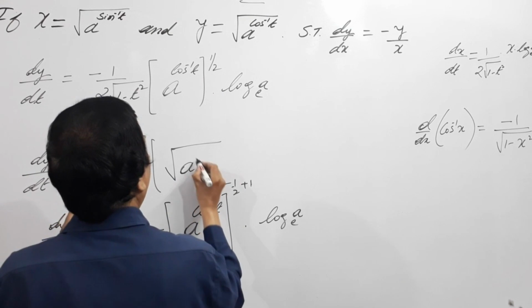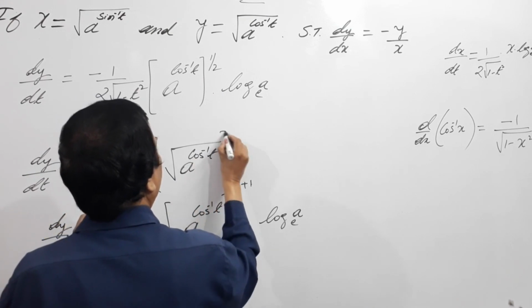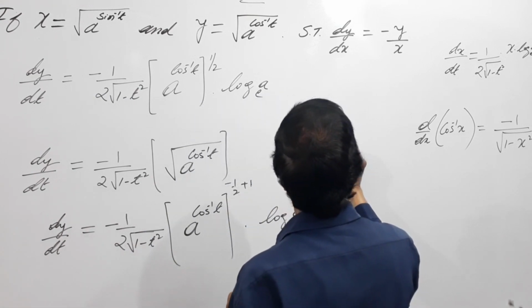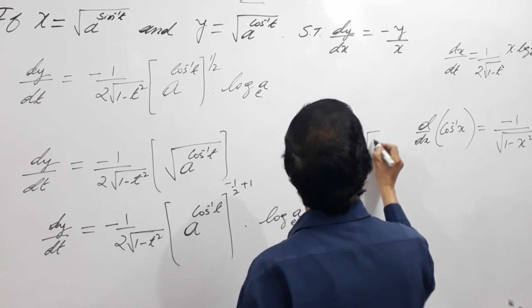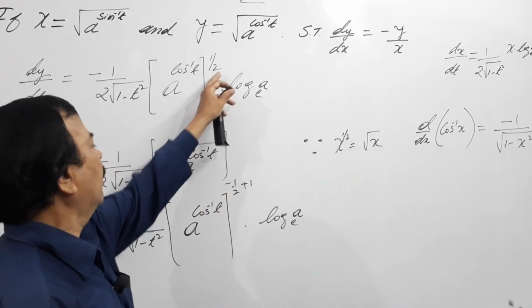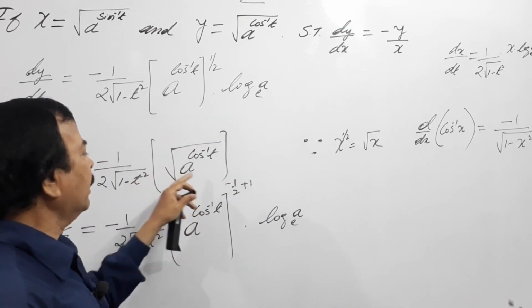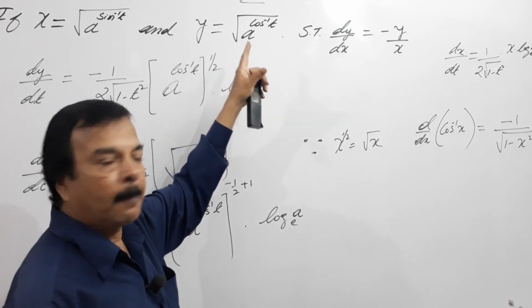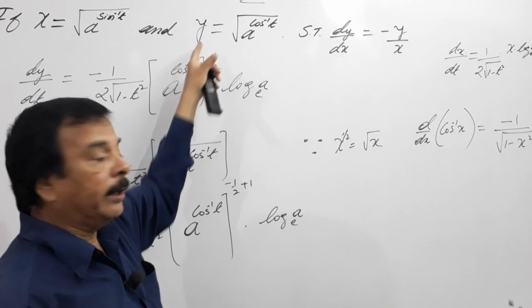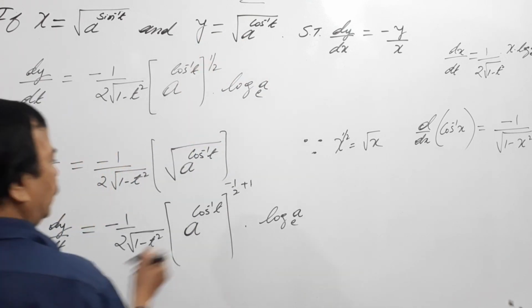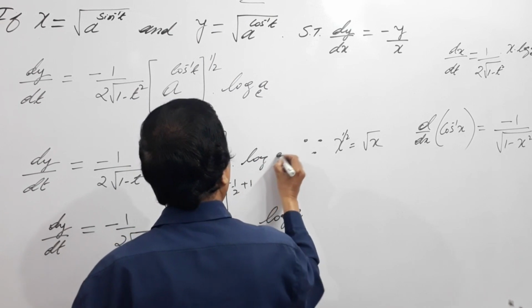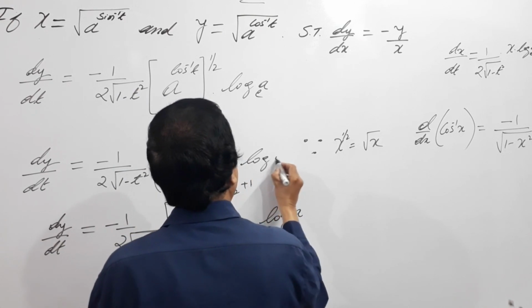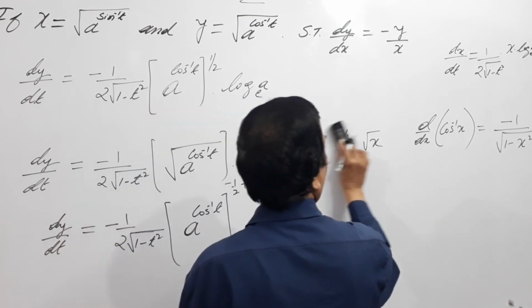a to the power of cos inverse t. Since x to the power of half equals to root x, so this half I removed it and I put this within the bracket. But what is this? a to the power of cos inverse t. a to the power of cos inverse t is nothing but your y into log a to base e.